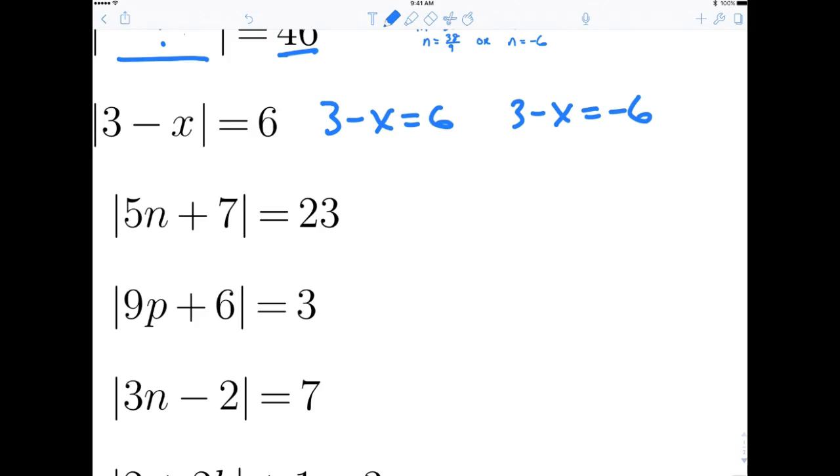Now, because we are listening, I am going to move the -x to the other side because I want it to be what? Positive. And I'm going to move the 6 to the other side. Does everybody agree with that? And that's going to make it -6. Does everybody agree? So, x equals -3.